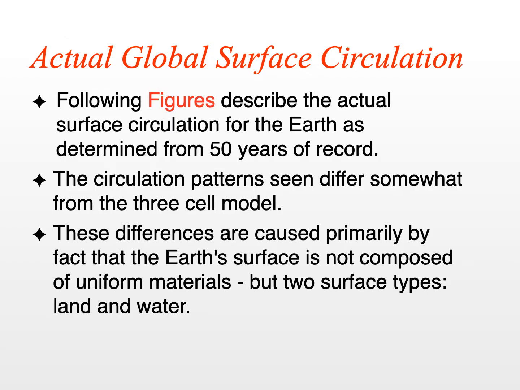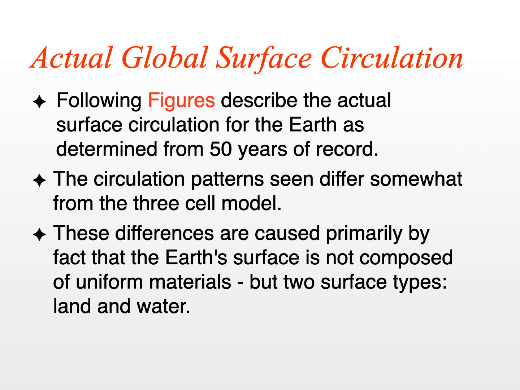So let's look at actual global surface circulation. Now, circulation on the surface of the Earth is quite variable from day to day, month to month. So our best approach here is to use an average of a certain number of years of record.